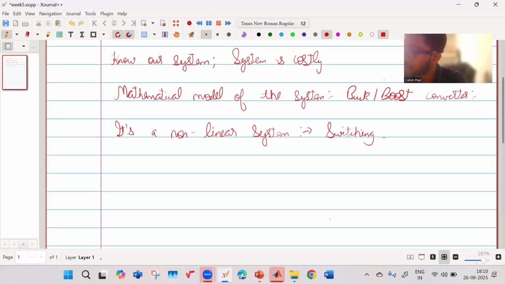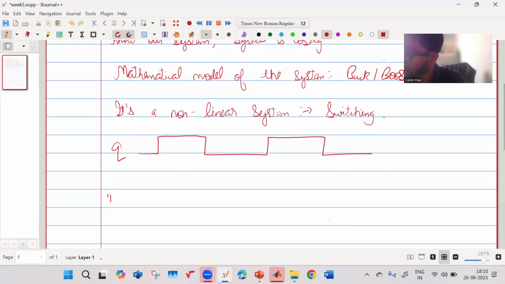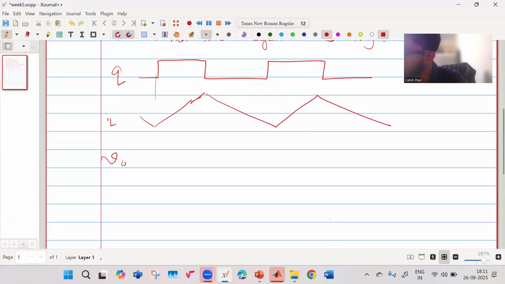You have a gate signal Q that goes like this. Your inductor current will follow like this. And your output voltage, in the case of a boost converter, rises when the switch is on, then falls, then rises again, and falls like this.